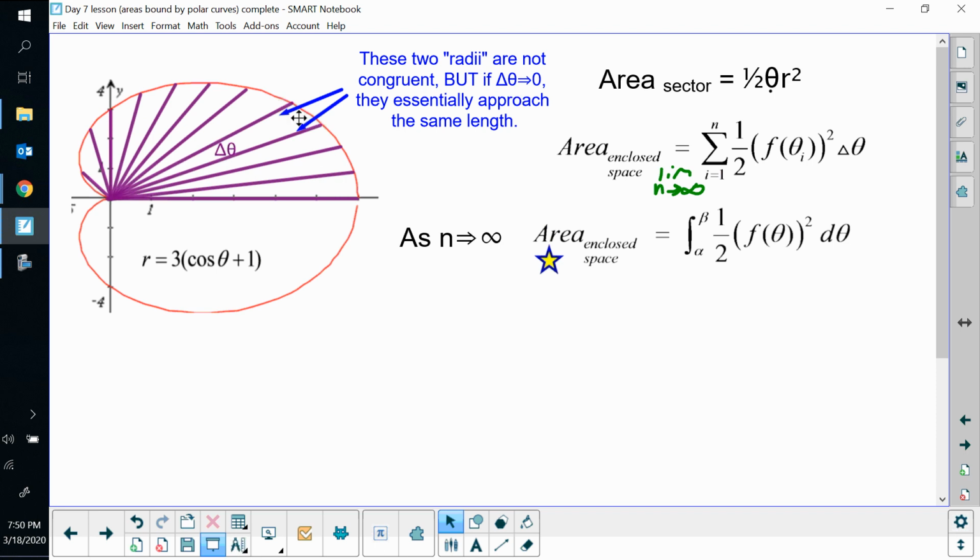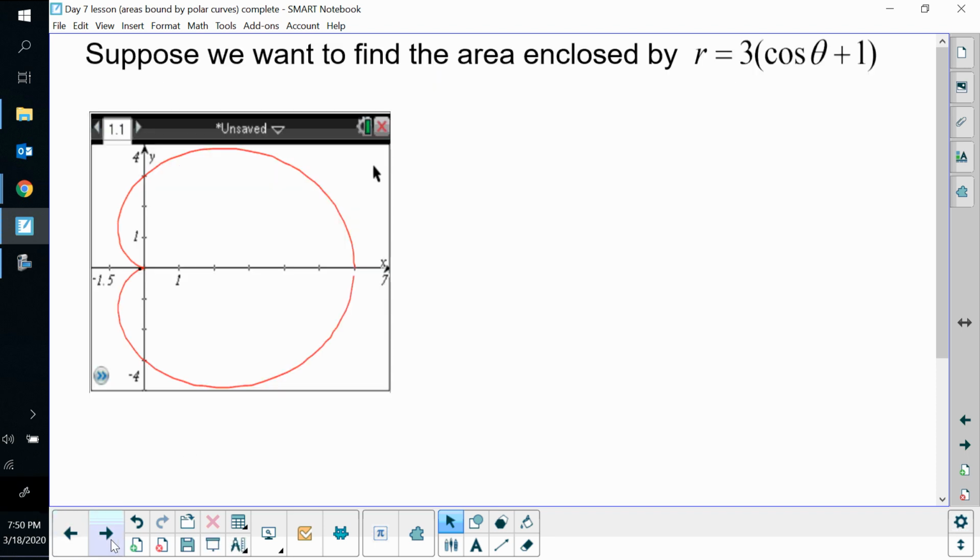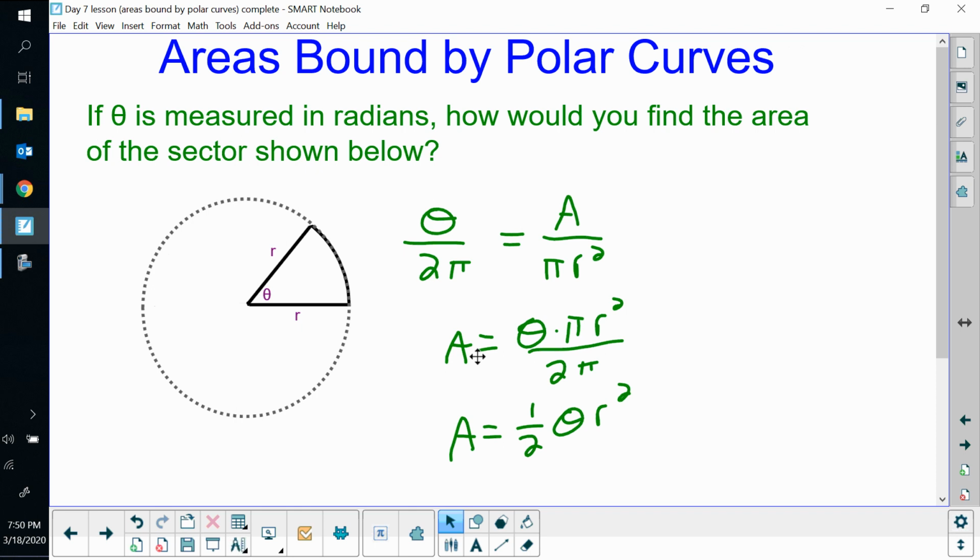In other words, the number of sectors went to infinity, just like we did with Riemann sums with areas under curves. As that delta theta goes to 0, these two radii lengths will approach the same value. So it'll approach the same setup as our area of a sector, 1/2 theta r squared.